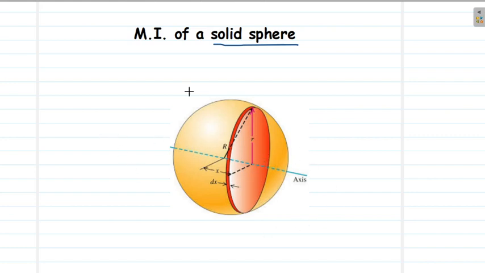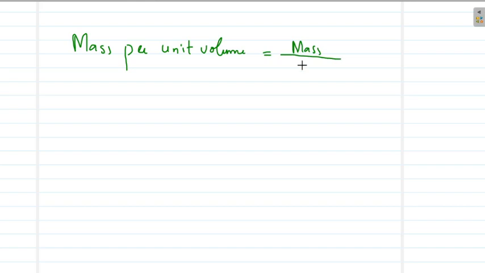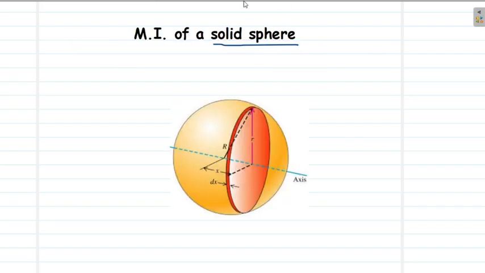To find the moment of inertia, we will have to calculate the mass per unit volume of the sphere, as we have done for many other cases before. So mass per unit volume is defined as mass by volume of the sphere. Let M be the mass of the sphere, and capital R be the radius of the sphere.